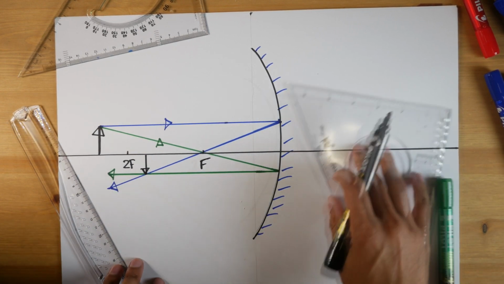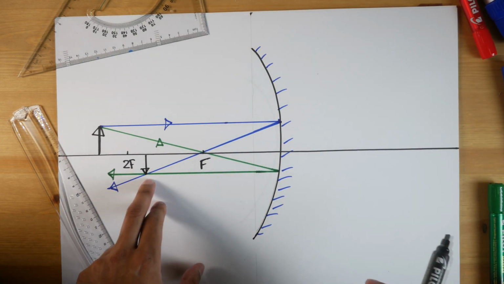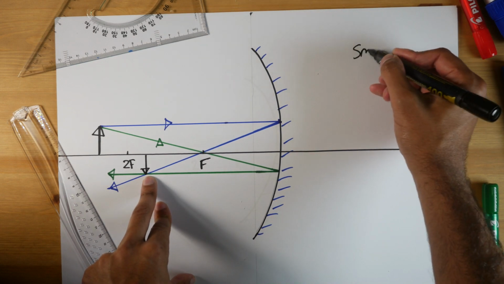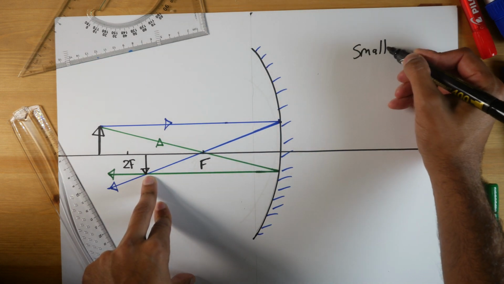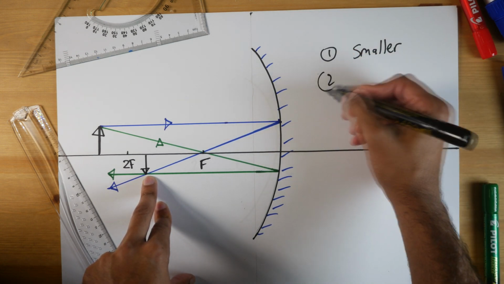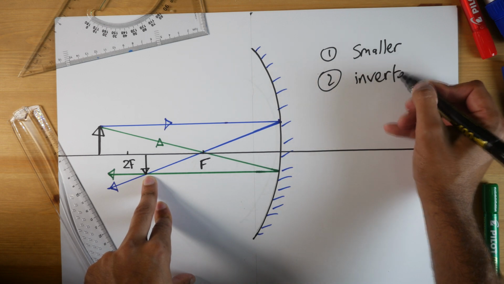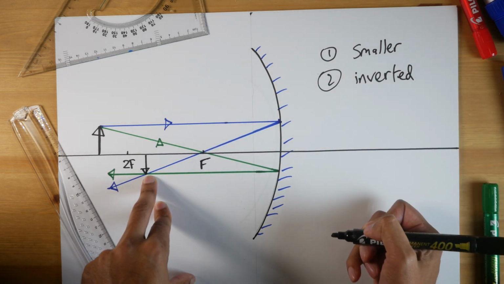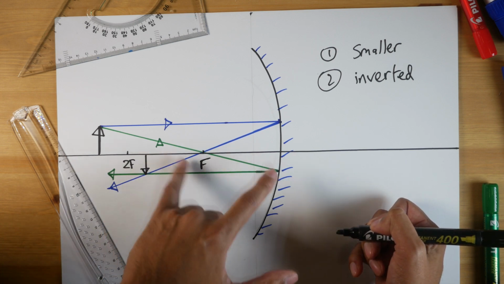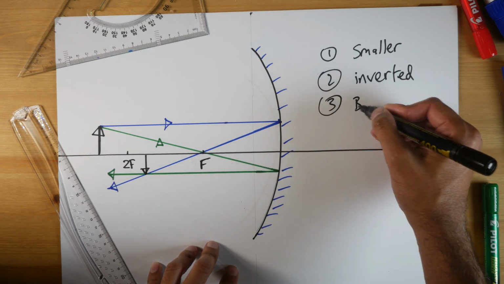Okay? Now, as you can see, we can make some observations about this image. Okay, so number one, it's smaller. Okay. Number two, it's upside down. We can also say inverted. That's a fancy way of saying upside down. And we can also say that it's in between F and 2F. So that's the location.